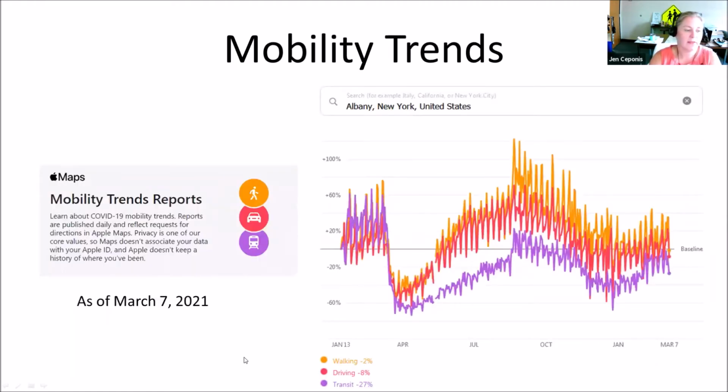And then this is just a snapshot from Apple mobility trends, and this is people using Apple Maps for directions. So it's not incredibly comprehensive, but it does just give you an idea. And as you can see, the number of people walking increased quite a bit. And this is for Albany as of March 7th of this year.